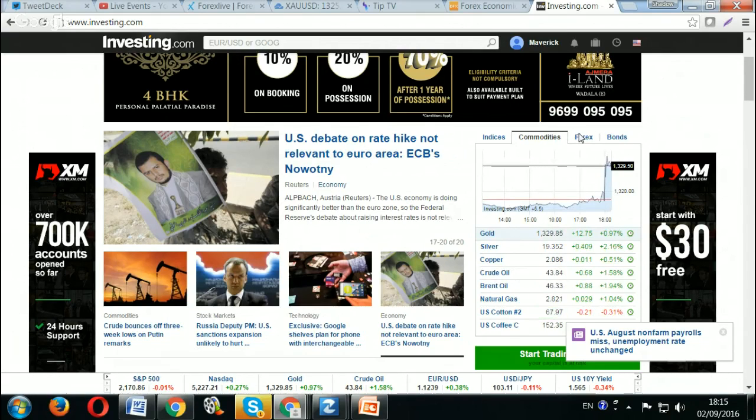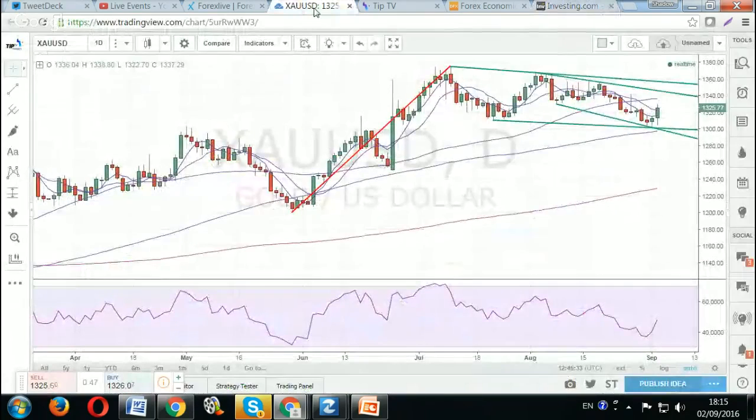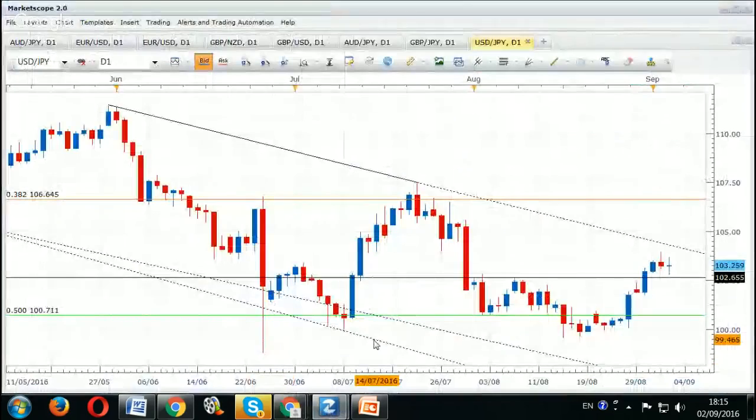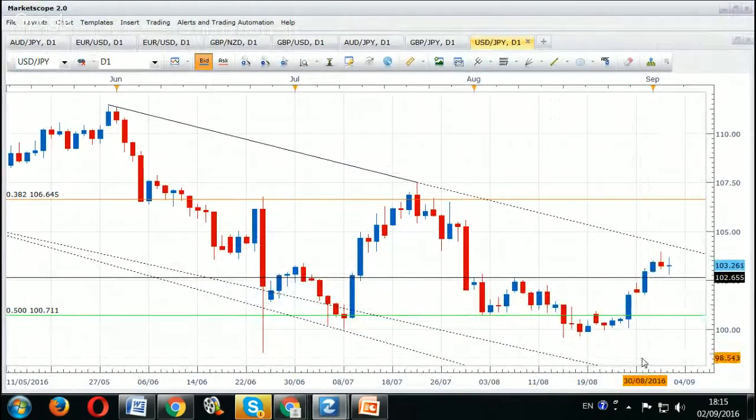Gold is up at 1329. Dollar yen pair has recovered its losses. Good news for yen bears. Another piece of good news for yen bears is that the long duration Japanese government bond yields spiked to near 6-month highs yesterday. And as we have repeatedly said on the Dirty Economics website, yen is inversely related to Japanese government bond yields.